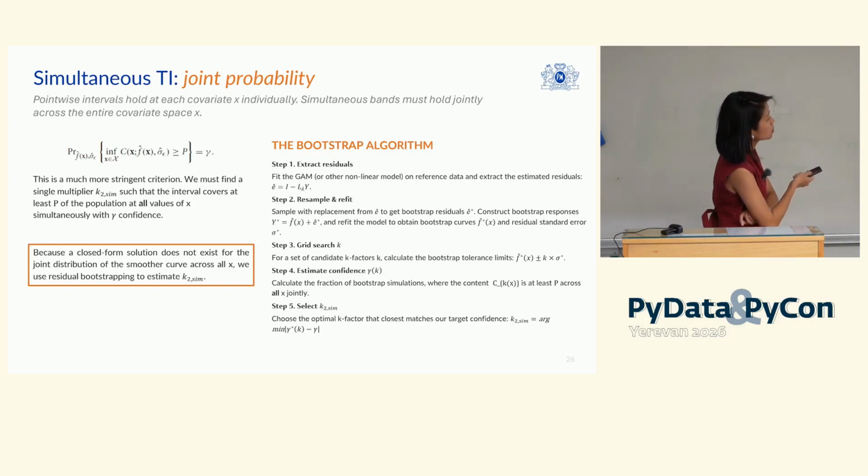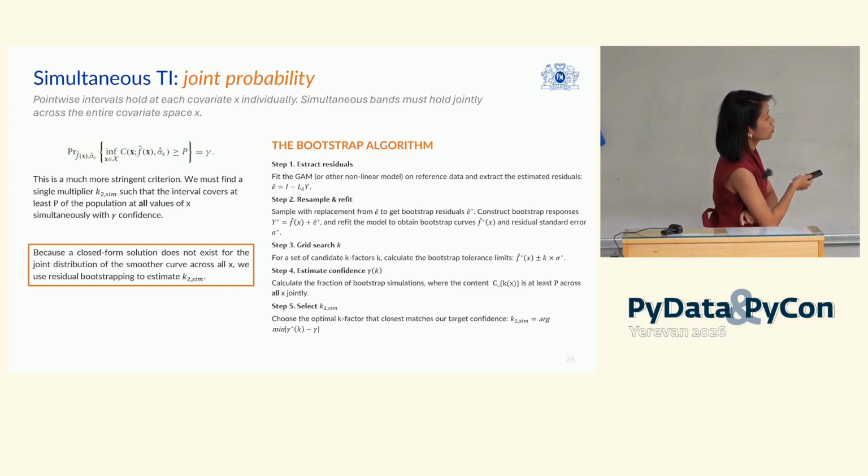So what happened is that they described this bootstrap algorithm where first you extract the residuals from your fitted model. That's why you can do it with any kind of nonlinear model. You resample and then refit your model by adding in the extra residuals that you obtained from the first step.